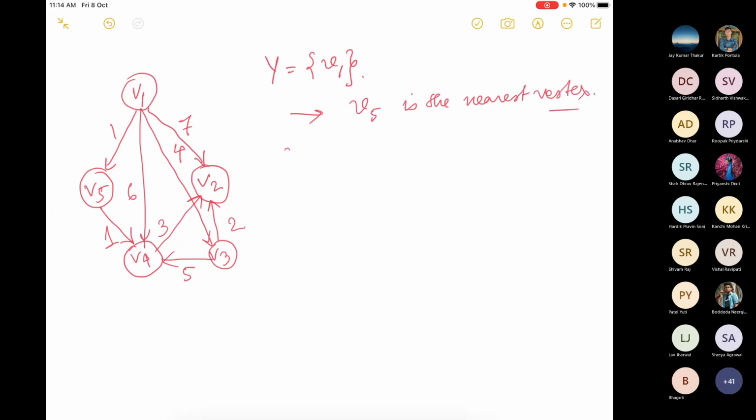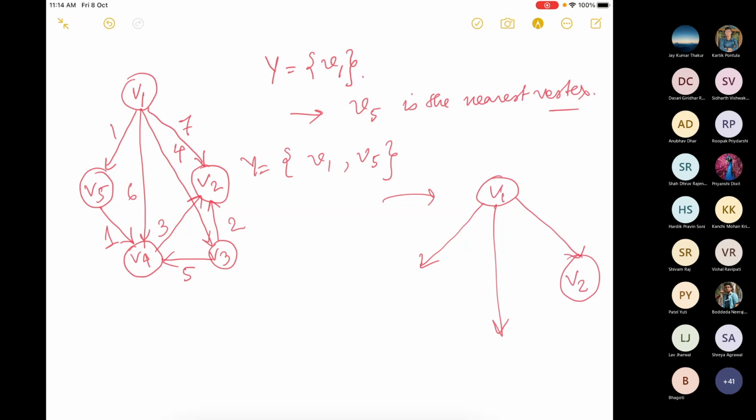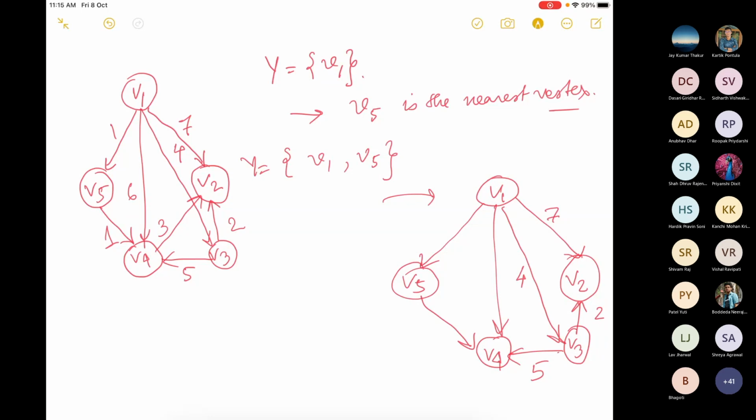We add V5 to Y and our new graph becomes this.